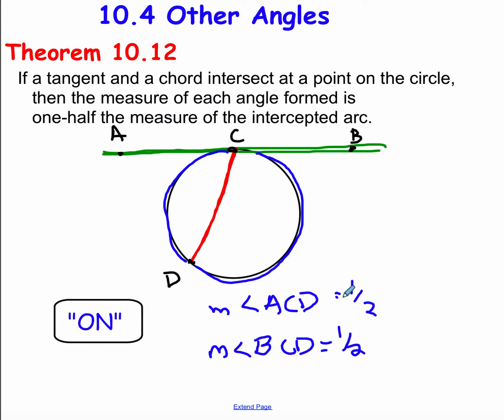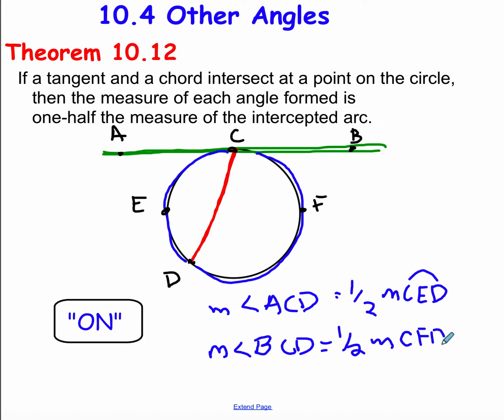So this first angle, ACD, intercepts arc CD coming this way. So we're going to add a point E, and a point F. You'll see why in a second. This angle intercepts arc CED, and this angle intercepts arc CFD.